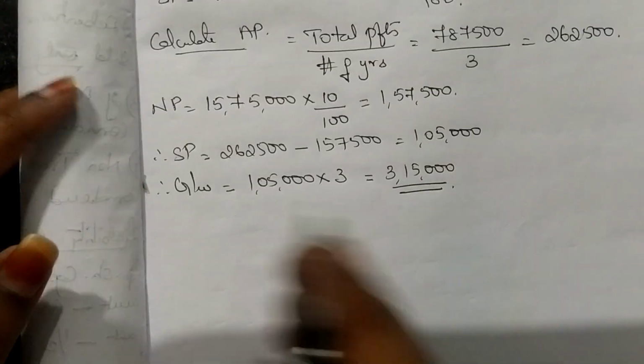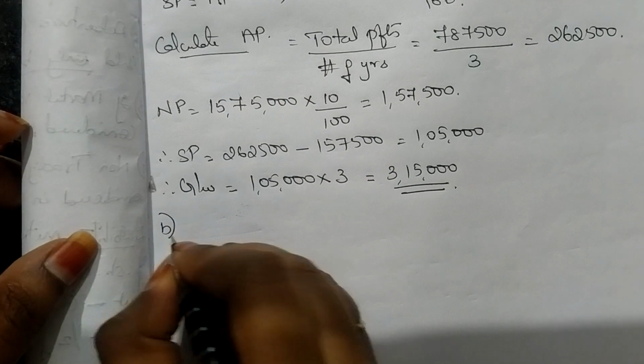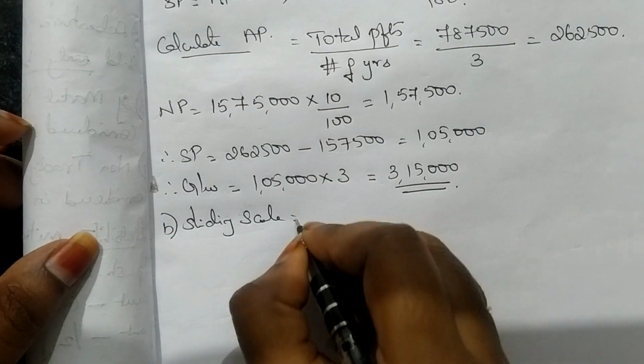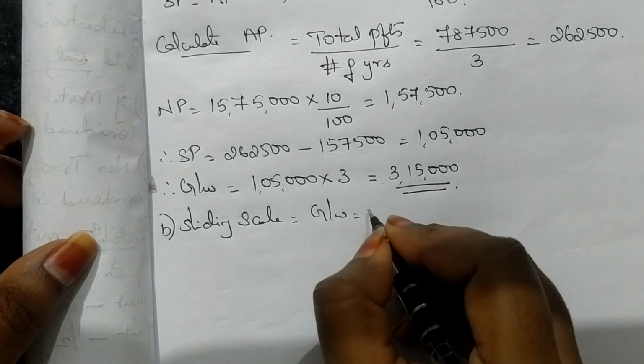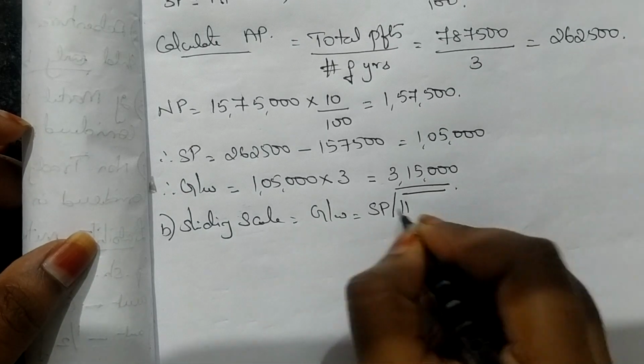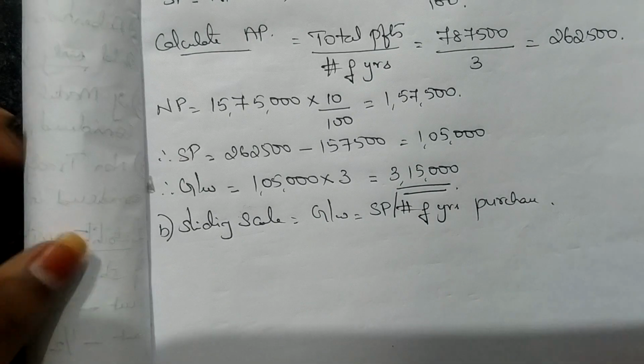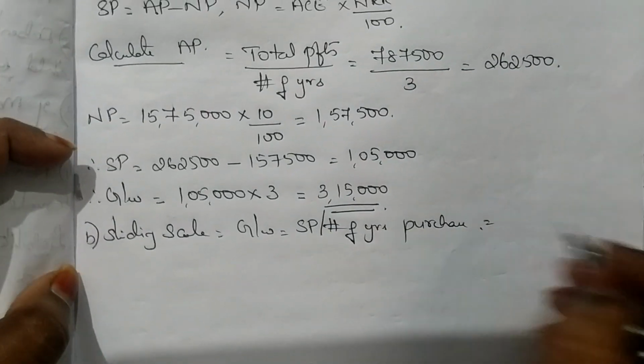Now the question is also asking you to calculate goodwill for sliding scale. Sliding scale, the formula I gave you was goodwill is equal to super profit divided by number of years purchase. Okay, I will just tell you how you have to do.